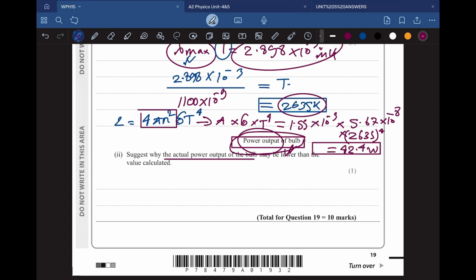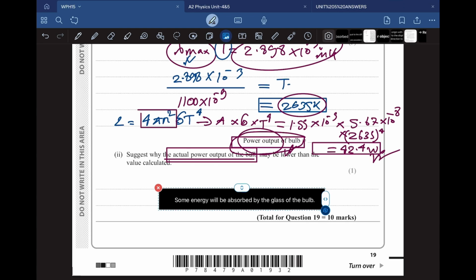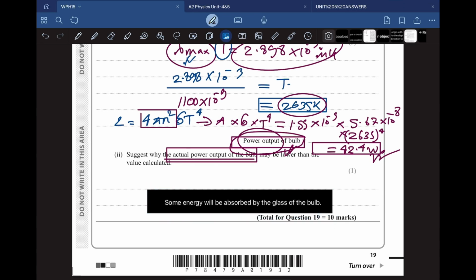The glass of the bulb will absorb a little bit of energy. So that's why the actual power output of the bulb will be a little bit smaller than this theoretical power output. The reason behind that is that some energy will be absorbed by the glass of the bulb.